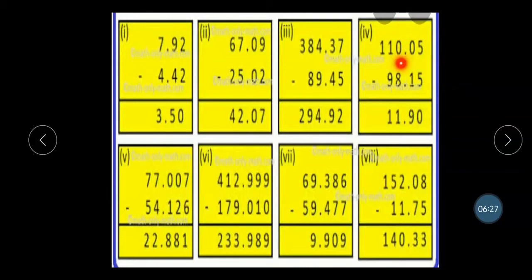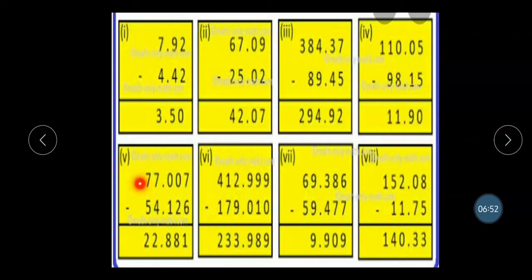Now 9 minus 8, 1. As we have borrowed, this will become 10. 10 minus 9, we get 1. And we have borrowed over here, so 1 will become 0. 0 we can write if you feel like, otherwise don't write. So we get the answer as 11.90.